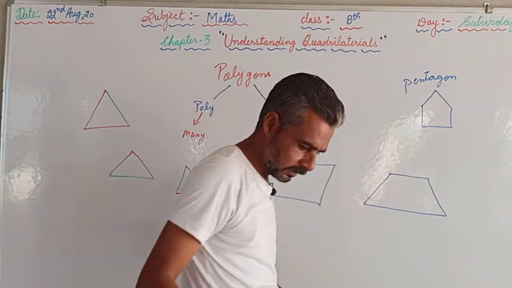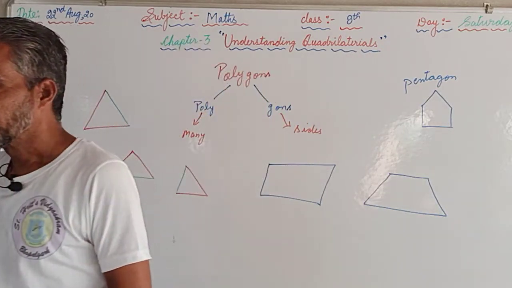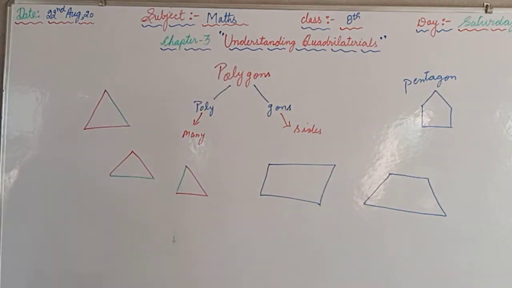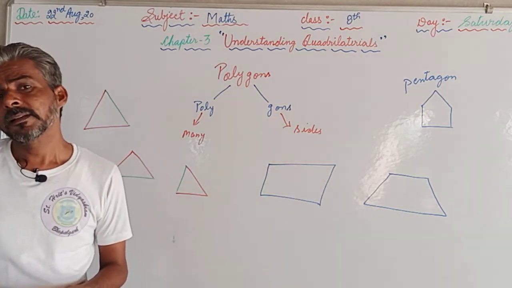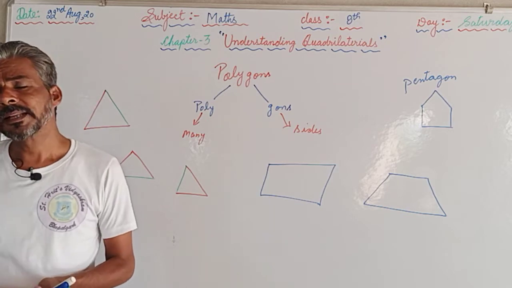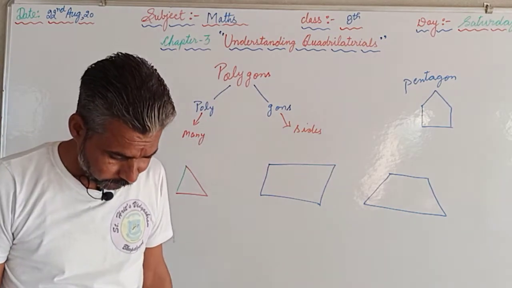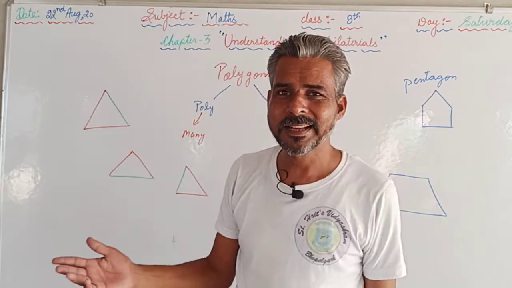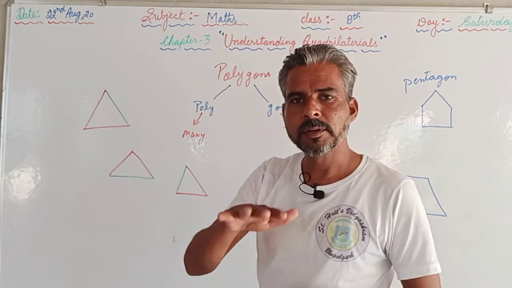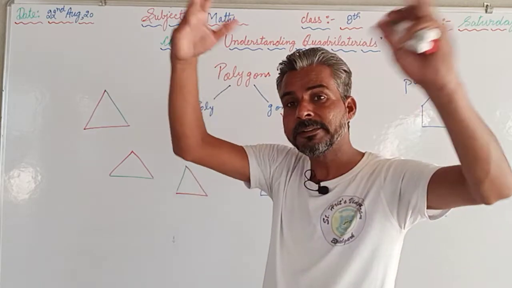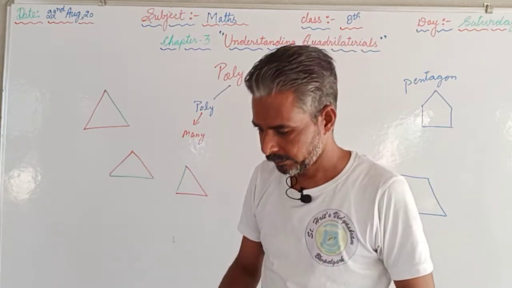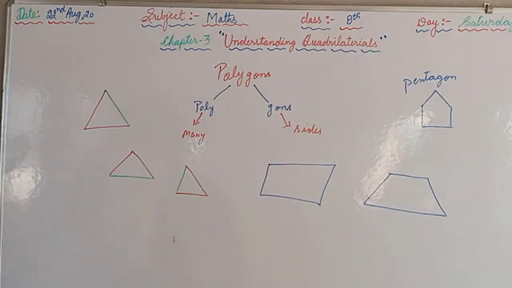If 6 sides, hexagon. If 7 sides, heptagon. If 8 sides, octagon. If 9 sides, nonagon. And if 10 sides, then decagon. And if the polygon is having more than 10 sides, that is not for you, collectively we can call them polygons. So this is the introduction of polygon and quadrilaterals.